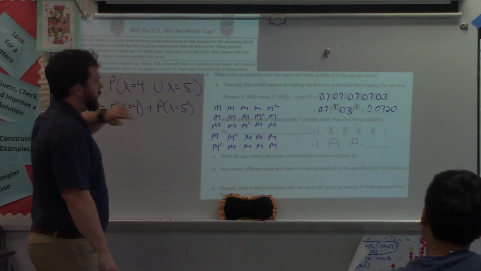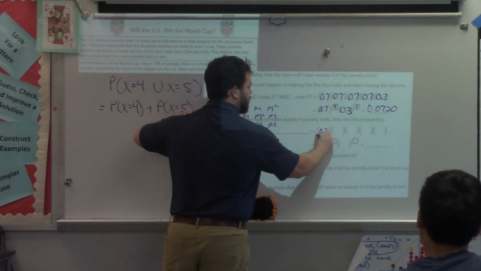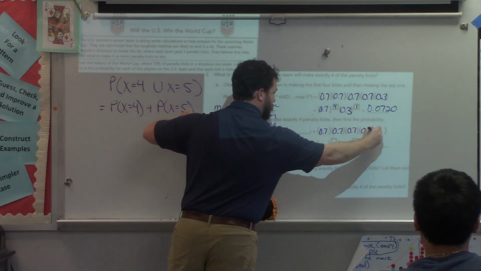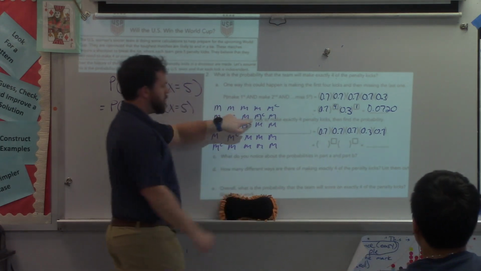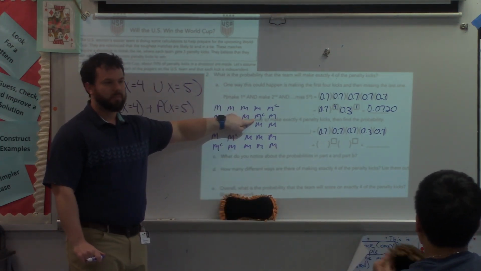So, we did that. Now, let's look at this one here. That's going to be 0.7, 0.7, 0.7, 0.3, and 0.7, because I made my miss on the 4th one, not the 5th one this time.